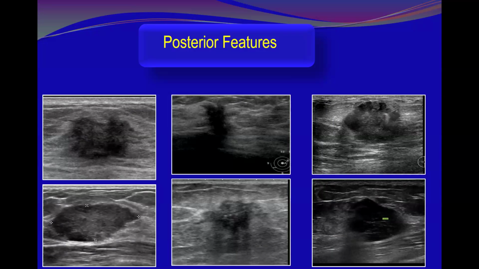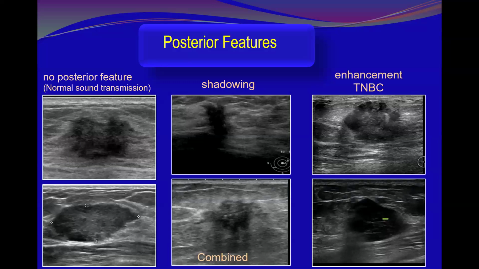Again, posterior features here. Okay, so in this case, which one? Not affected. Here I can see shadowing and mixed with shadowing. And here I can see enhancement, okay? I can see enhancement.